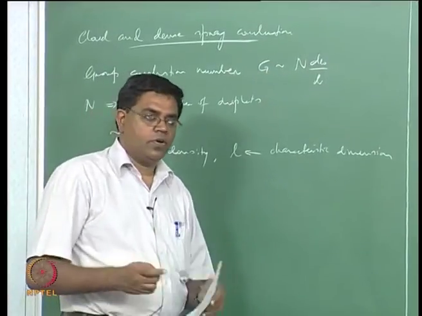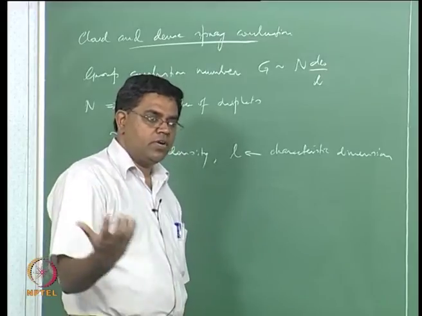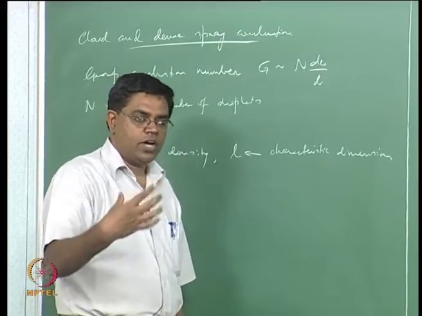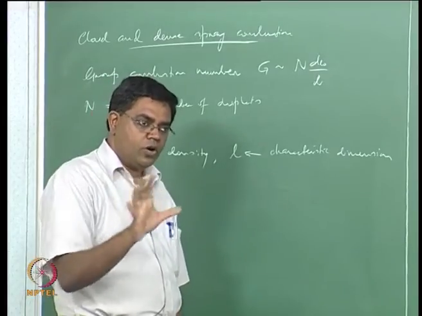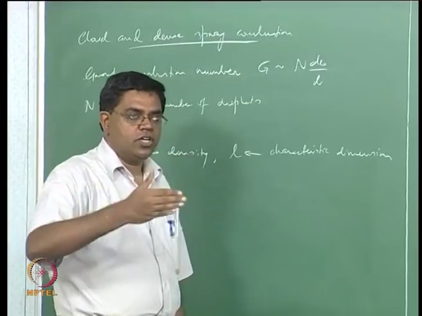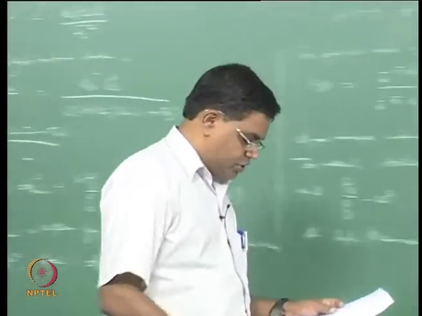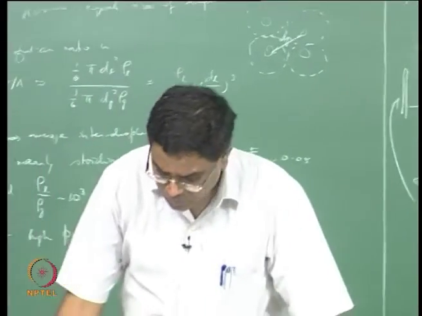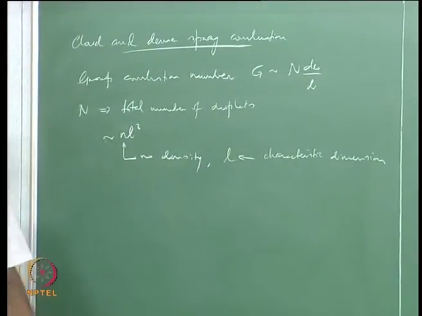Let's say, for example, you are looking at a spray flame or a swirl flame where you are sending in the liquid in a swirl flow and so on, you have a burner diameter. Within this burner diameter, or of the order of the burner diameter, how many droplets can you space is essentially what is indicative of the group combustion number. What it basically means is, if you have a large G, it indicates group combustion.